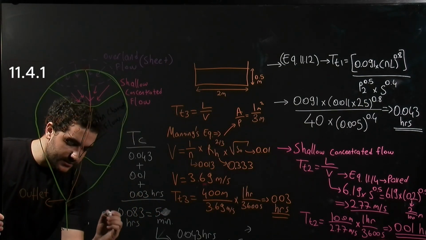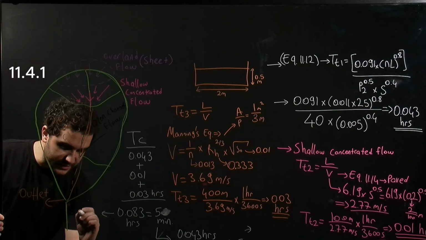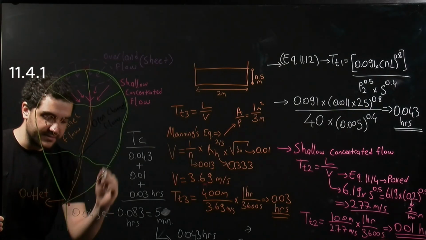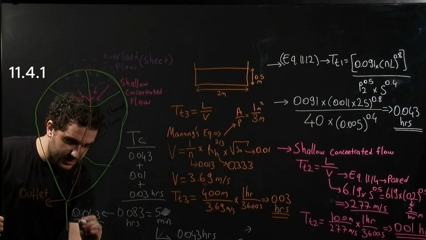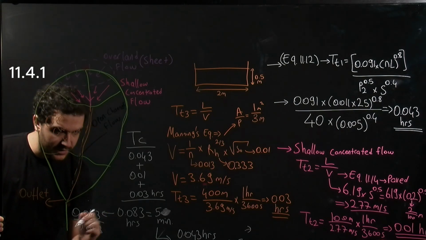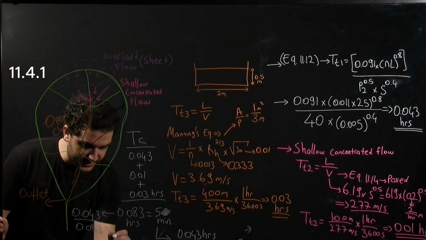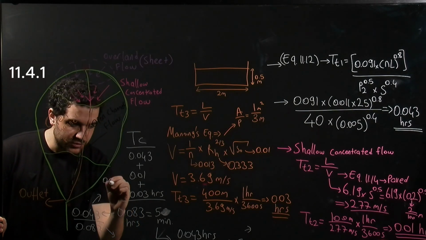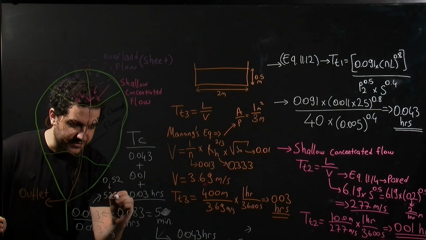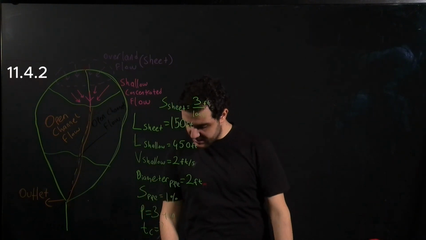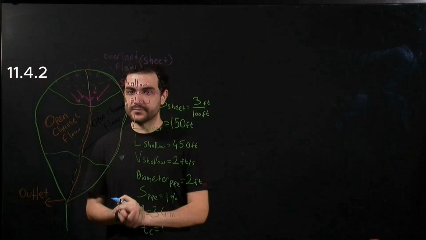To find that, we will just use the travel time for overland flow over the total time of concentration, and this gives 0.52, which is 52%.